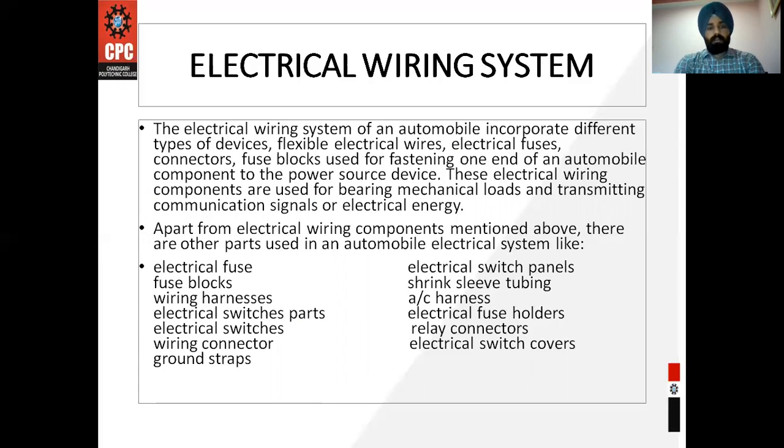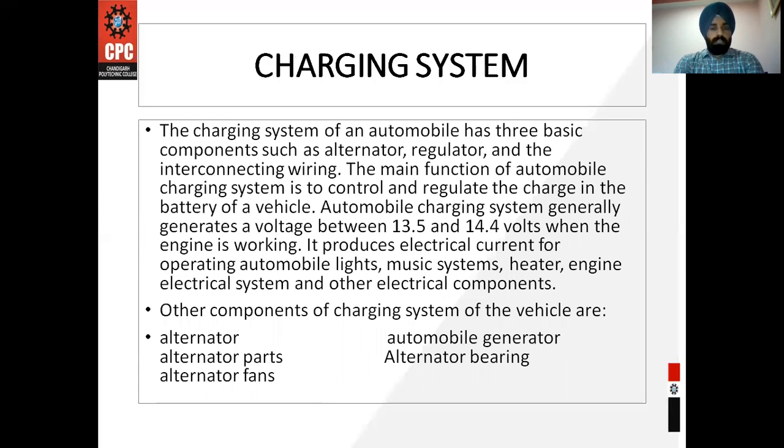Apart from electrical wiring components mentioned above, there are other parts used in automobile electrical system like electrical fuse blocks, wiring harness, electrical switches, electrical wiring conductors, ground straps, electrical switch panels, shrink sleeve tubing, AC harness, electrical fuse holders and relay connectors, electrical switch covers.